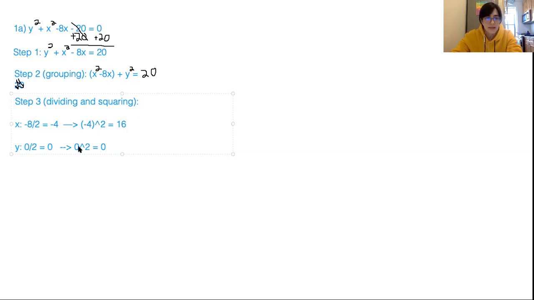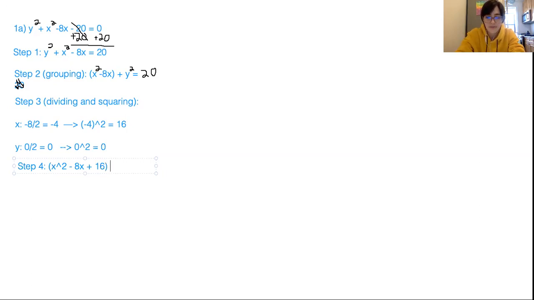All right, so my next step, step 4, I'm going to take my numbers that I found in the squaring step here and add them to both sides. I want to add the x number to my x expression up here. So I get x squared minus 8x plus 16.